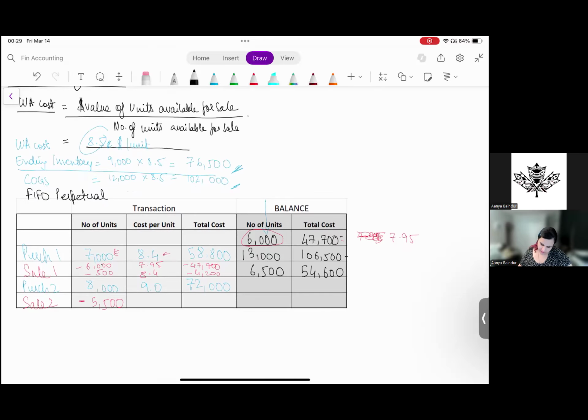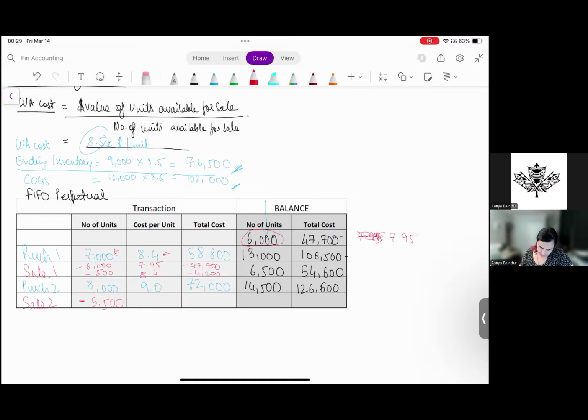Now we purchased 8,000 more units. So let's add those in here. 6,500 plus 8,000 gives you 14,500. And let's add the total costs together. 54,600 plus 72,000, 126,600. Great.